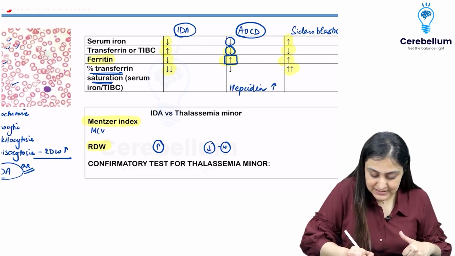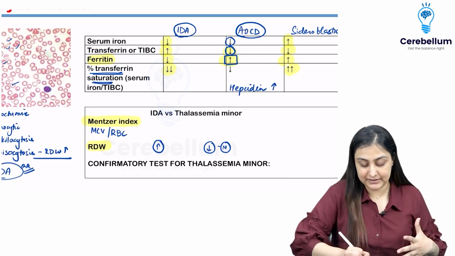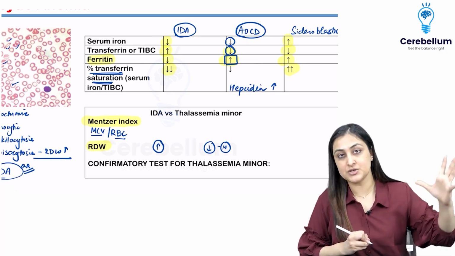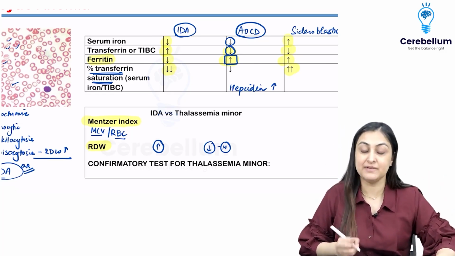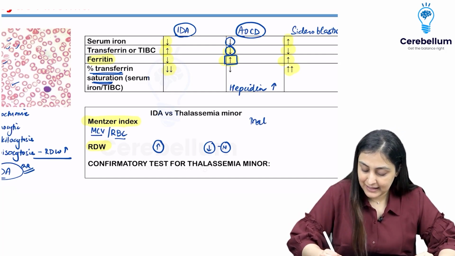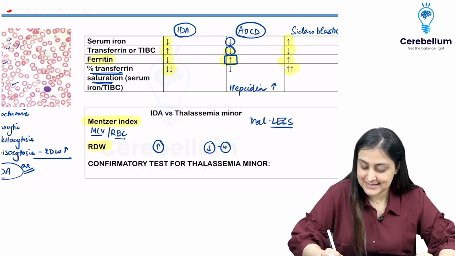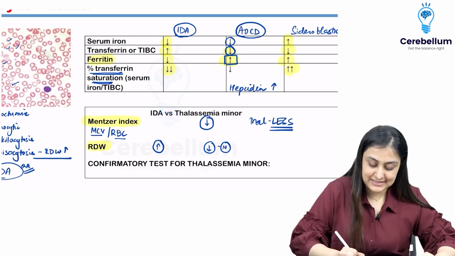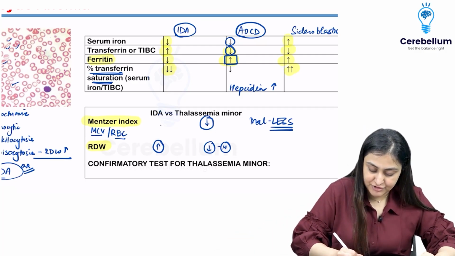So this is MCV by the RBC number. Alright. So here you take the RBC count and you take the MCV. Remember Mentzer, so starts with M. So this is MCV upon RBC. Where is it less? So you want to remember thalassemia. In thalassemia minor it is reduced, whereas it is increased in iron deficiency anemia.